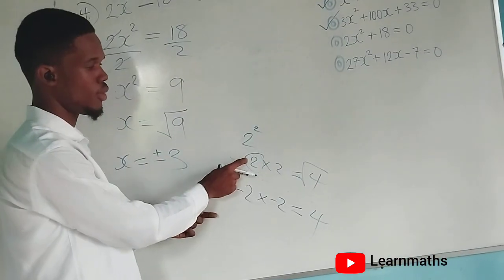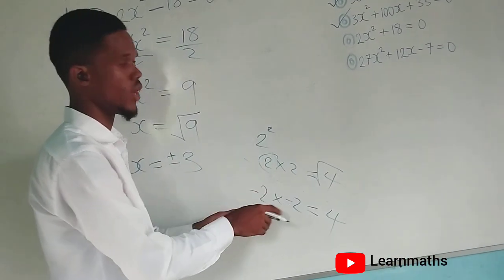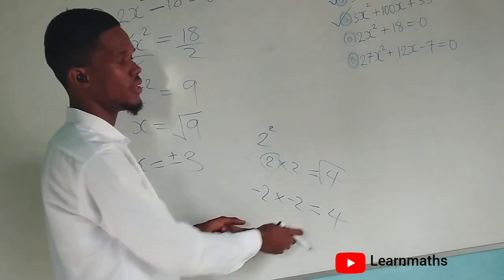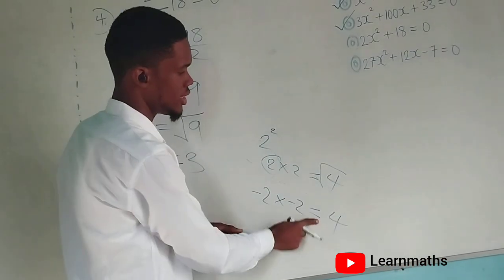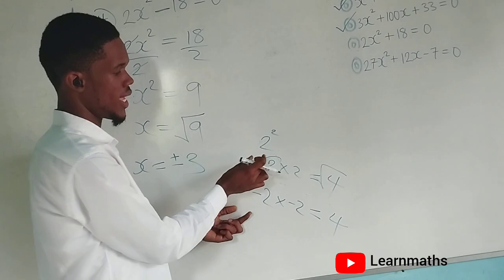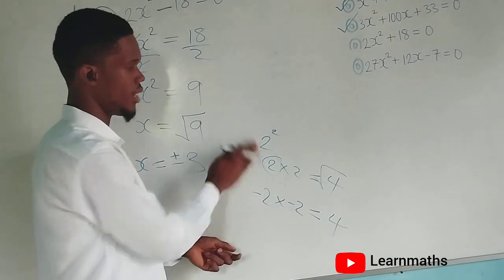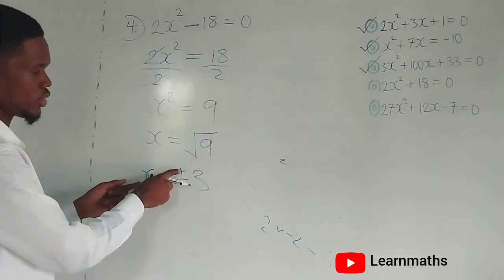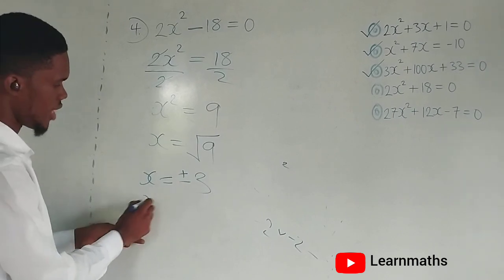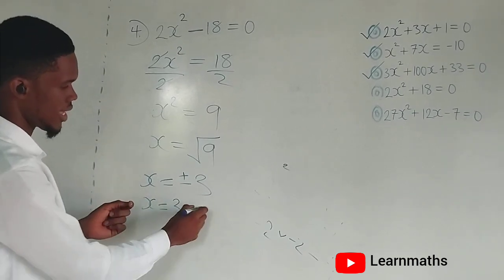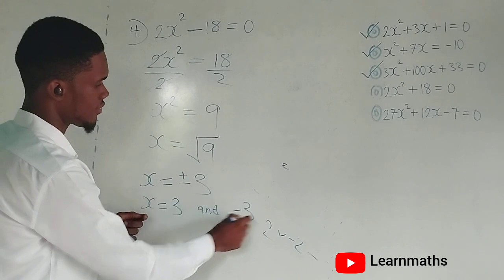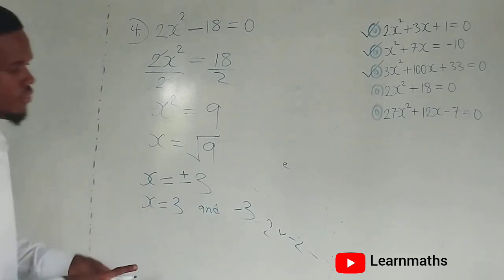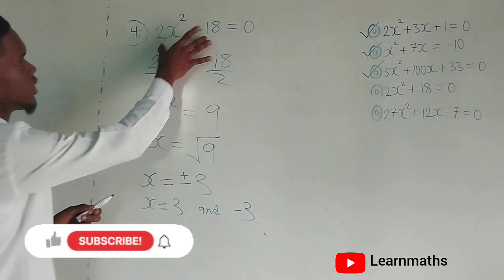So whether your number is positive or negative, once you square it, it gives you a positive value. That's why when you're taking the square root of a positive number, your answer should be either positive or negative, plus or minus. That's how we arrive at plus or minus 3. So the values for x are positive 3 and negative 3. These are the 2 values for x when you solve this quadratic equation.